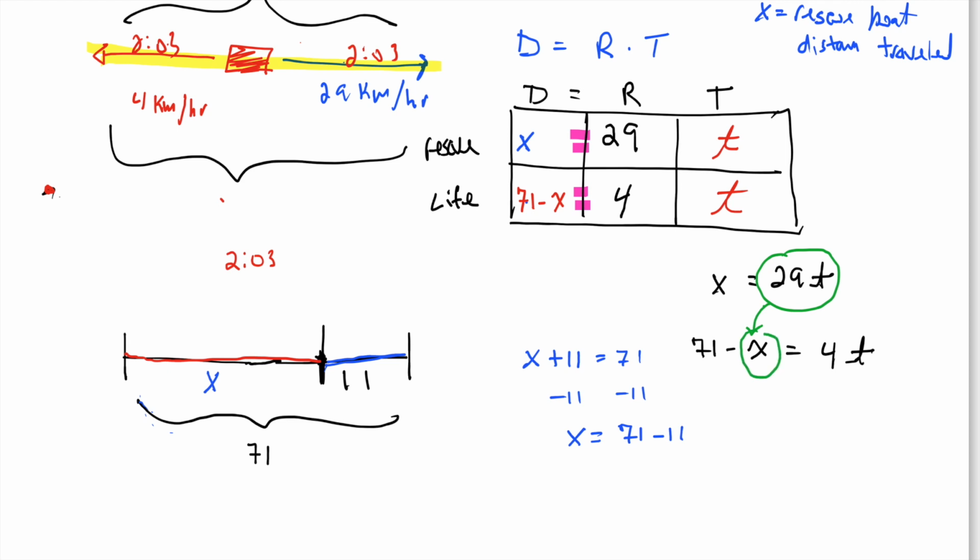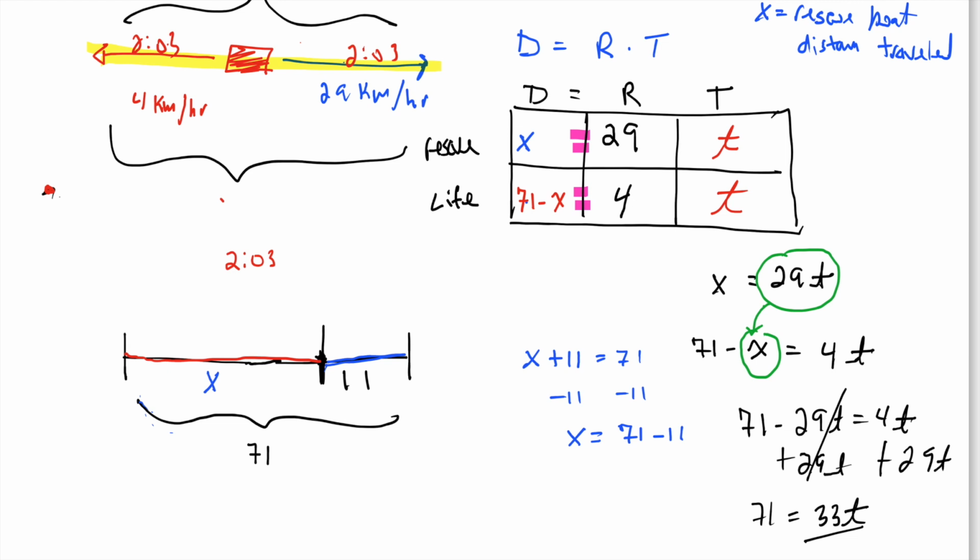So 71 minus 29t equals 4t, and plus 29t, plus 29t. 71 equals 33t. So that's gone. So you have 71, so t is equal to 71 over 33.